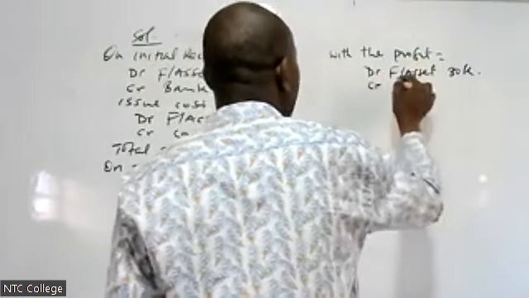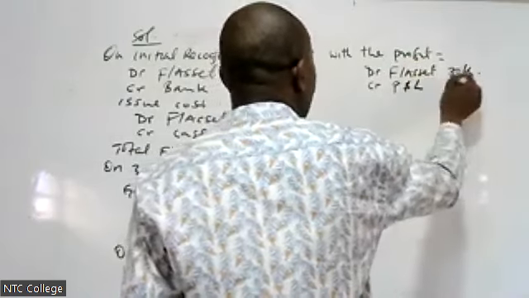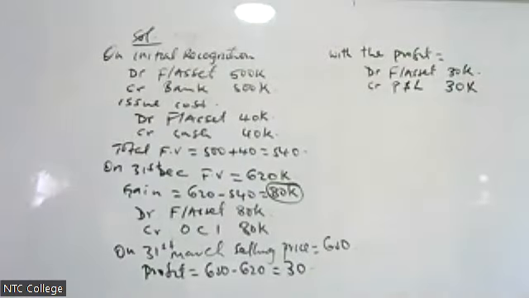Then I credit profit P&L. I credit P&L with 30K, it's a profit of 30K.